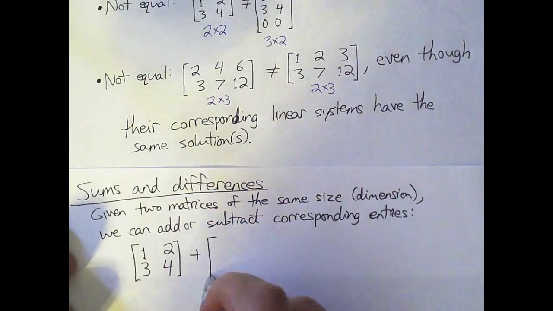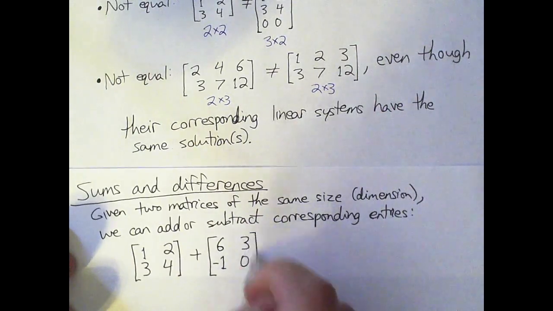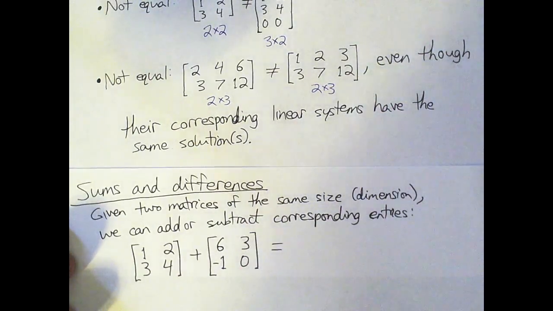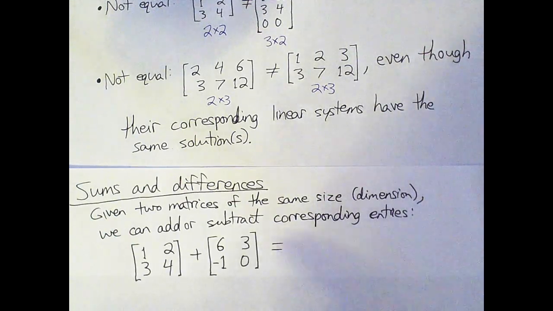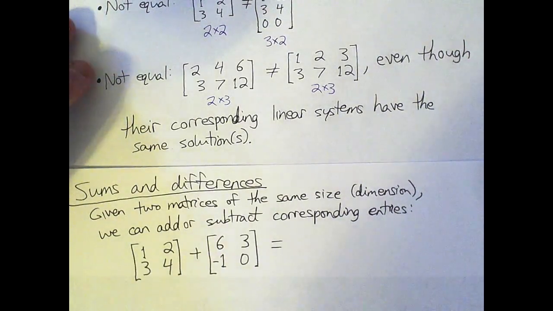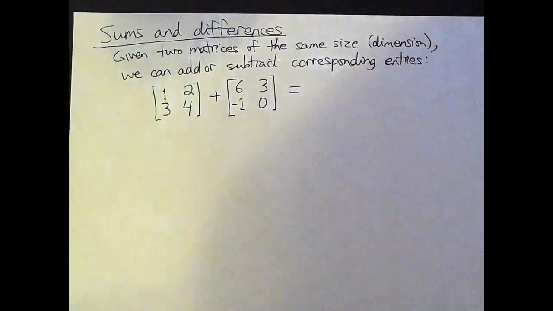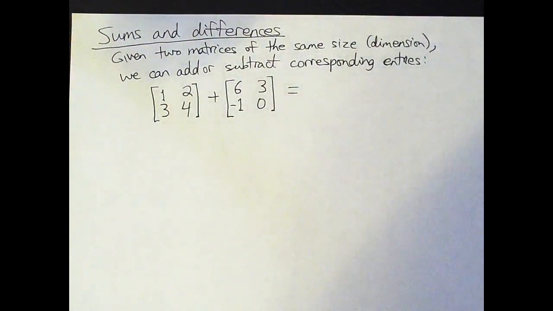So let's say I want to add this matrix plus this matrix. This is the first time that we've put a plus sign in between two matrices. And this is what I meant earlier when I said we were going to be working with matrices as objects, like mathematical objects that we can add, we can subtract, we can talk about whether they're equal to each other, maybe do some other stuff too. So all we do is add or subtract the corresponding entries. This has a plus sign, so I'm going to add.